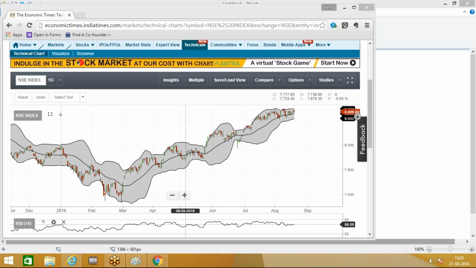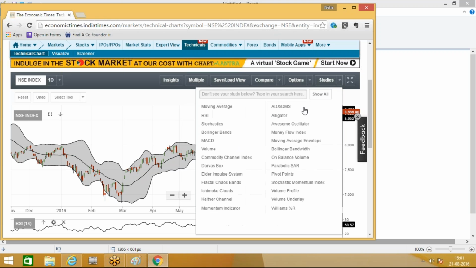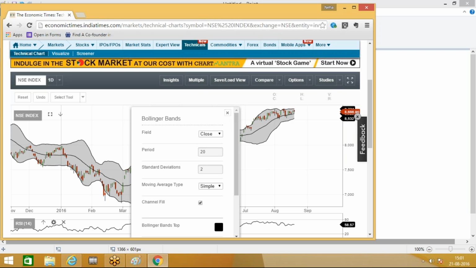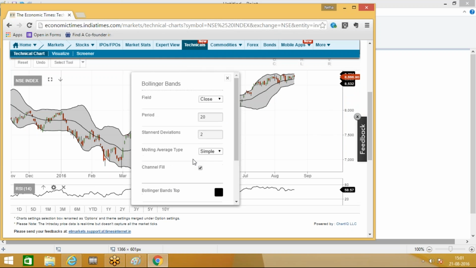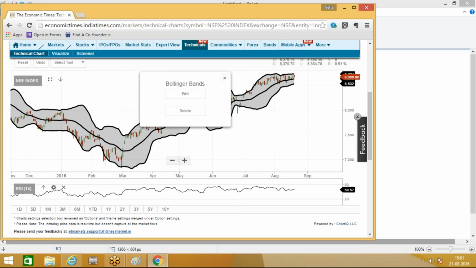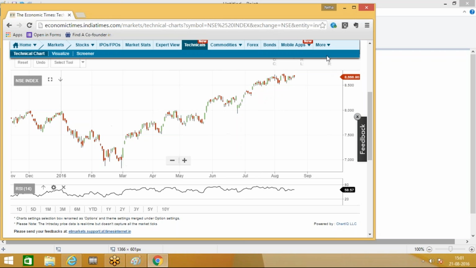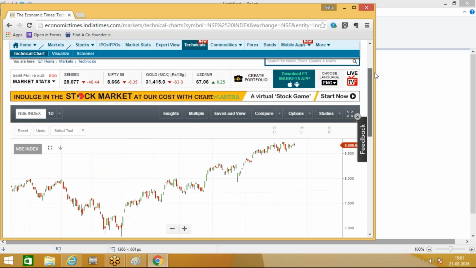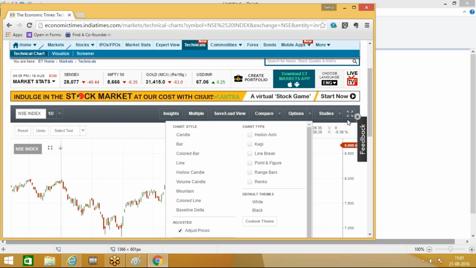So for example, in this particular chart, if I clean this chart a little bit and show you this. So if I can remove the Bollinger Band, let me see. Okay, and let me put in the moving averages. You'll get an idea.